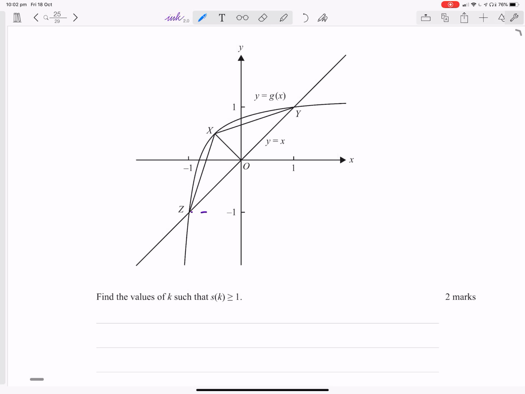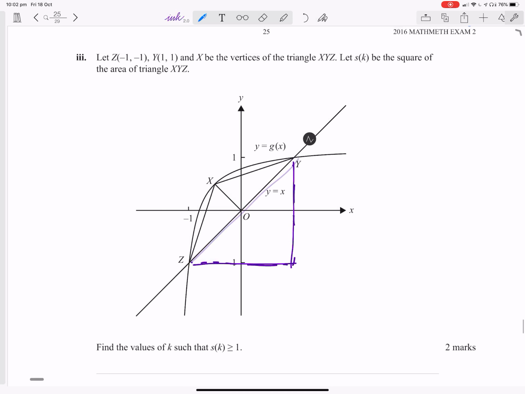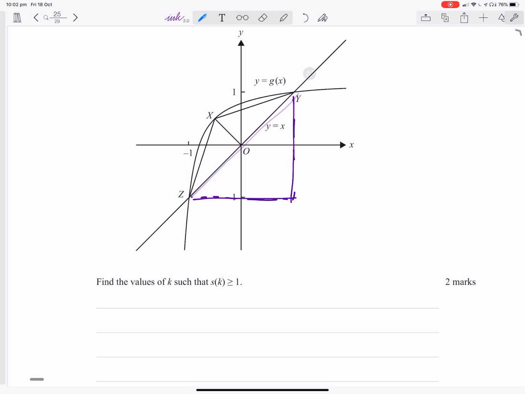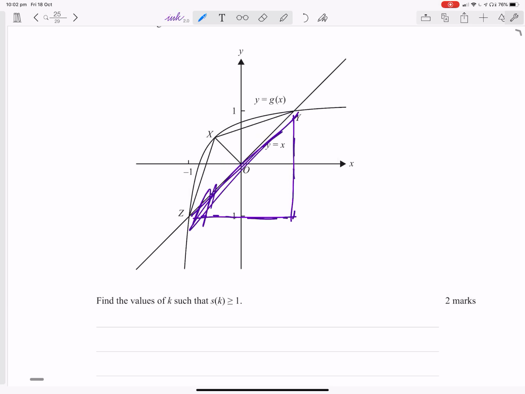So this distance, if you think about it, that's 2 and that's 2. So the base length has to be 2 squared plus 2 squared. So that length there, ZY, is root of 2 squared plus 2 squared, which is root 8, which is 2 root 2.